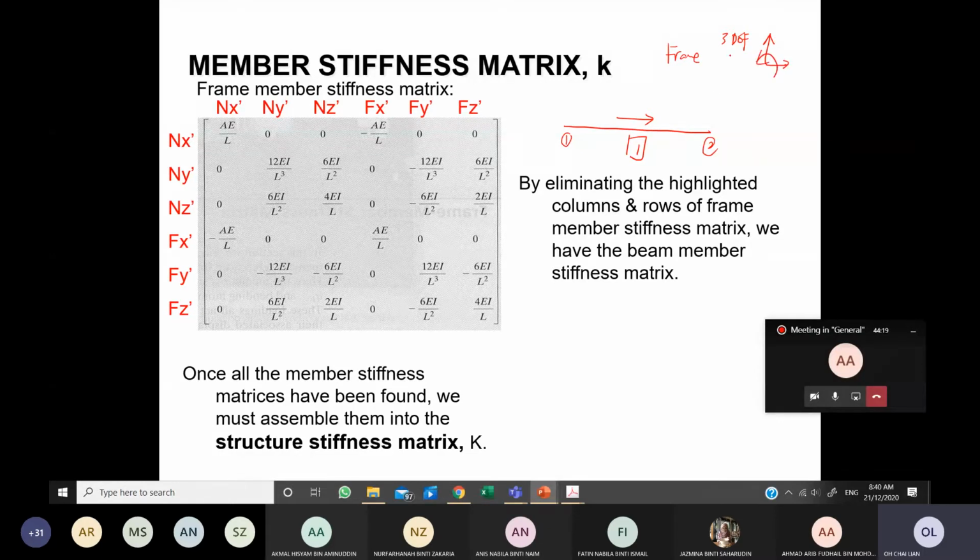So you need to put this DOF here, at the nodes, at the near end and also the far end.